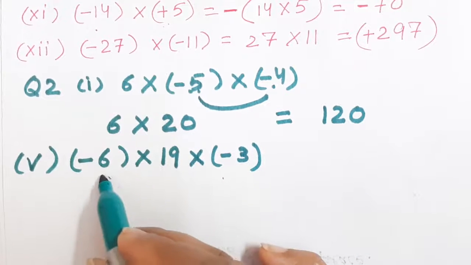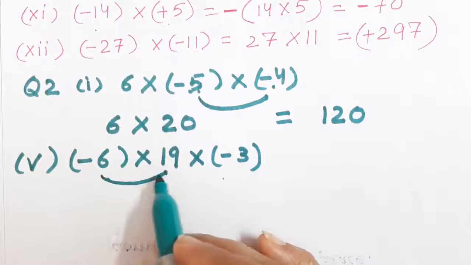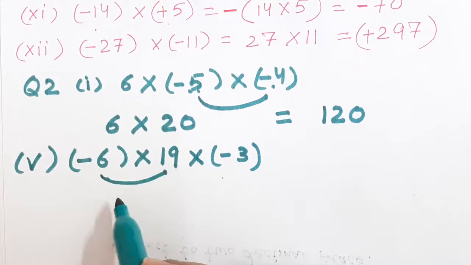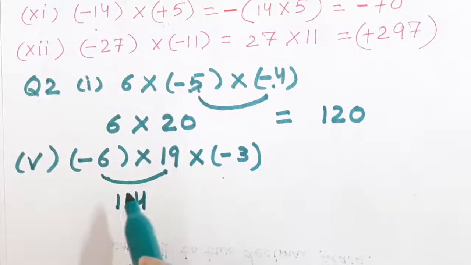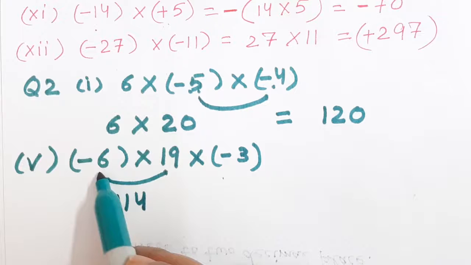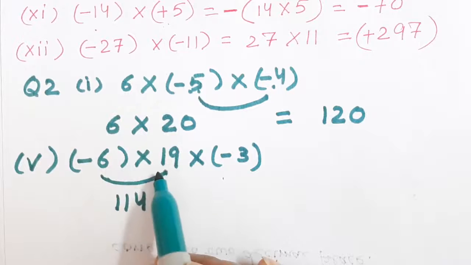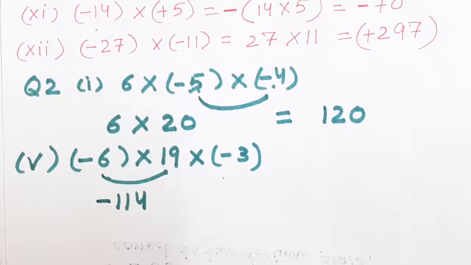So let us take the first two numbers. Now if I want to multiply the first two numbers, 6 multiplied by 19 is 114. Now one number is negative and the other number is positive. So children, whenever we have to multiply two numbers of opposite sign, the answer is always negative.